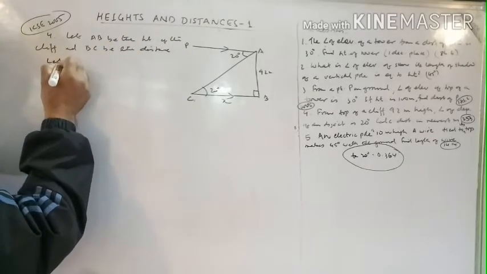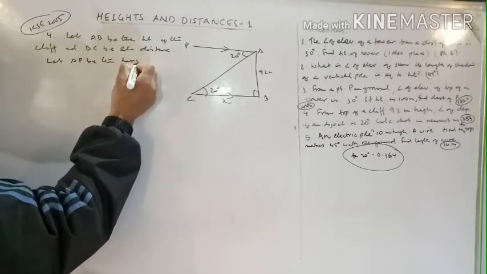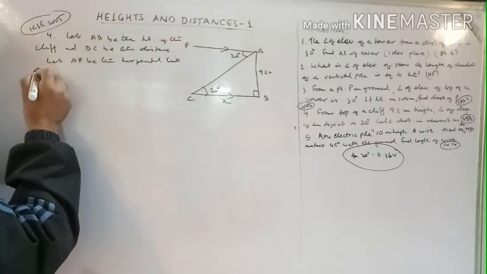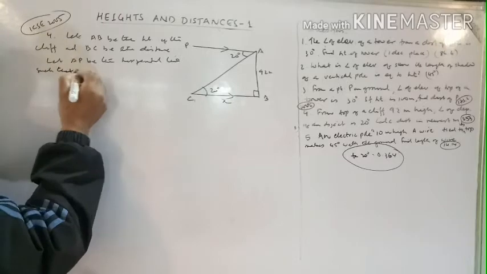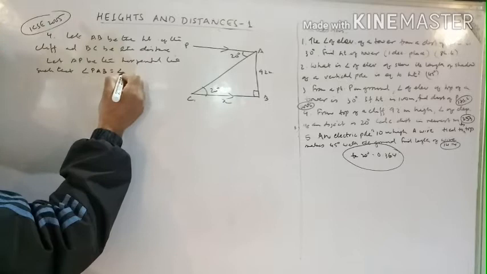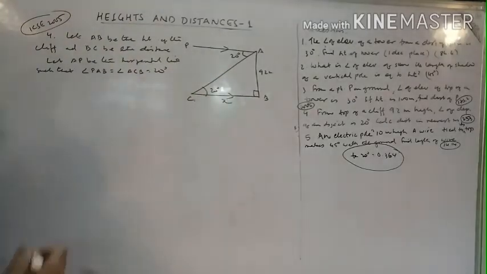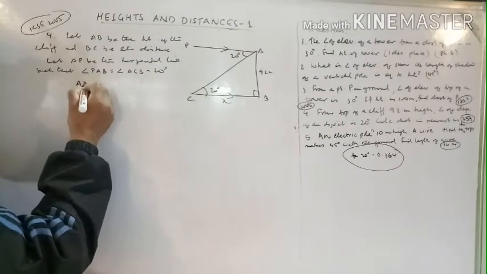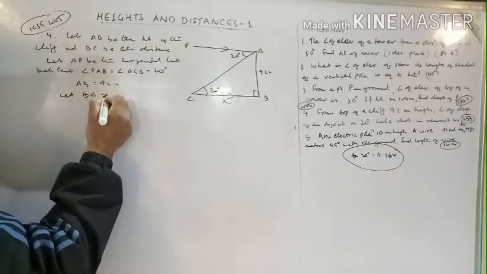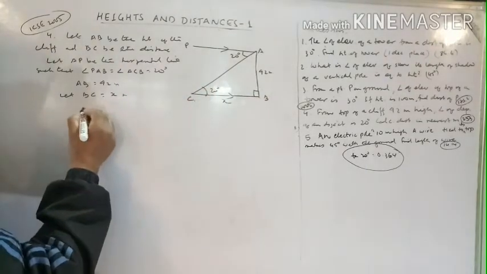Let AP be the horizontal line such that angle PAB is equal to angle ACB equal to 20 degrees. Now AB is given as 92 meter. So let BC, which you have to find, be equal to x meter.